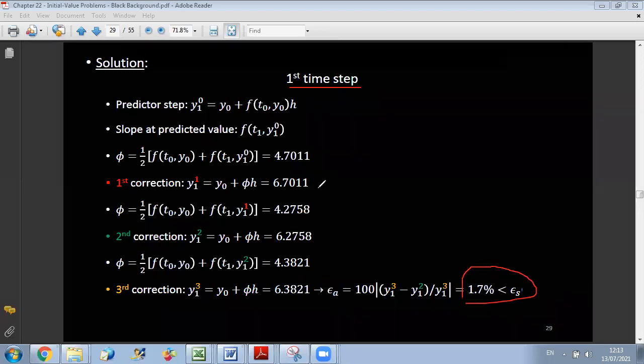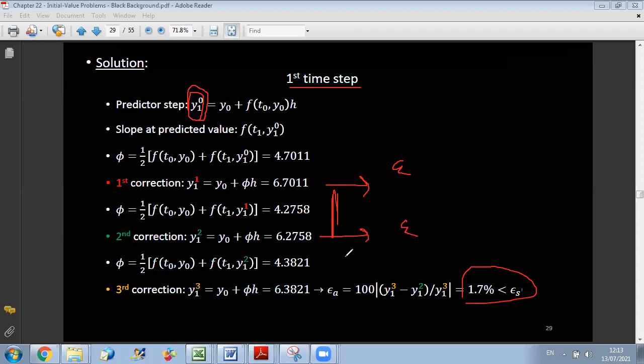So here, in general, you can evaluate epsilon, but it will be compared not with the correction, but with the predictor step, which we got from Euler. So in general, we can consider that the actual epsilon will start from here, because here we will start to compare corrections. So you compare correction 2 to correction 1 to see if you can stop.